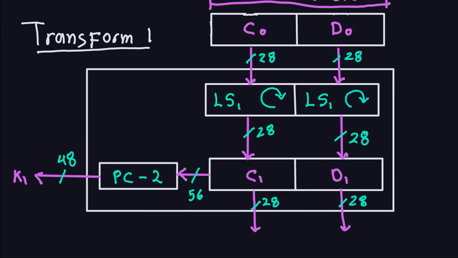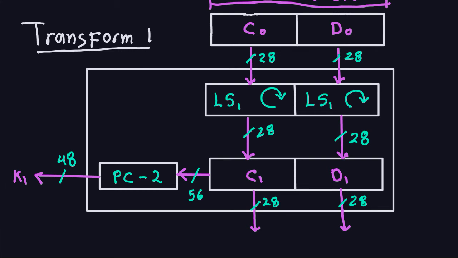They don't act on the whole block, they just act on the 28-bit block. I suggest that you copy this table here, because it's going to help you understand what the transforms are. So if you want to pause the video and copy all this, that would be a good idea.